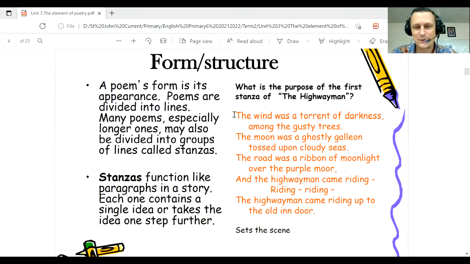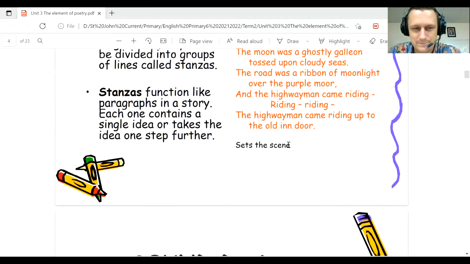Wow. Okay. So that sets the scene. What kind of scene? It is all a bit dark and spooky. So it could be the scene for some kind of a Halloween Shocktober creepy story, right? You didn't think of poems like that, did you?